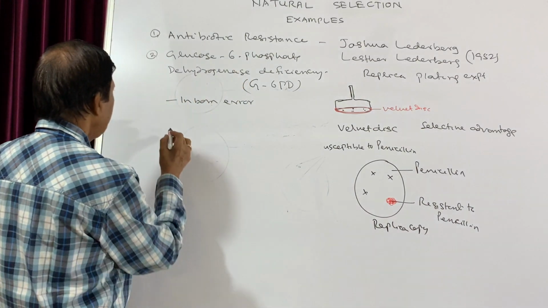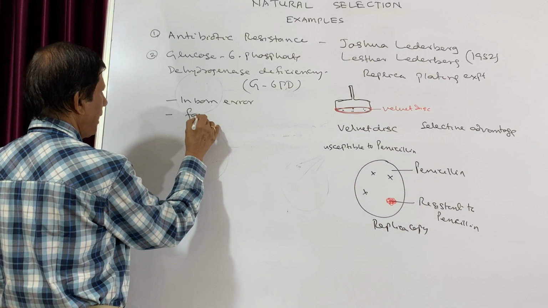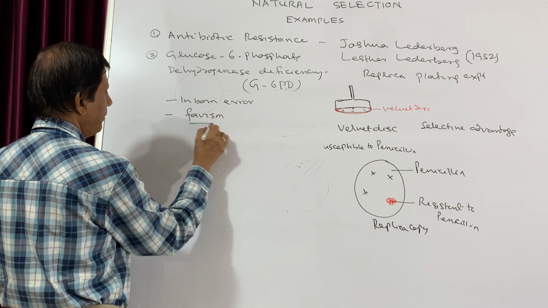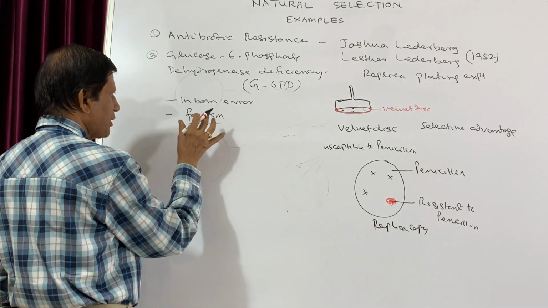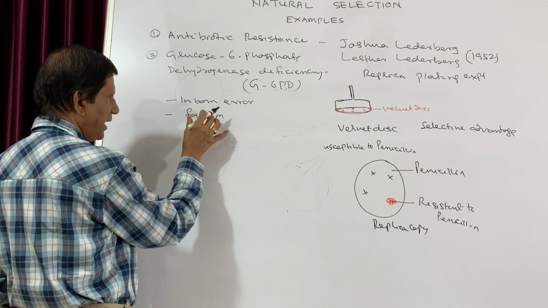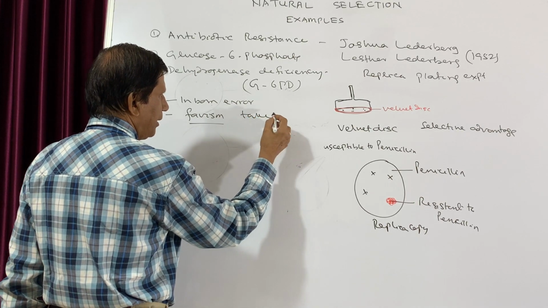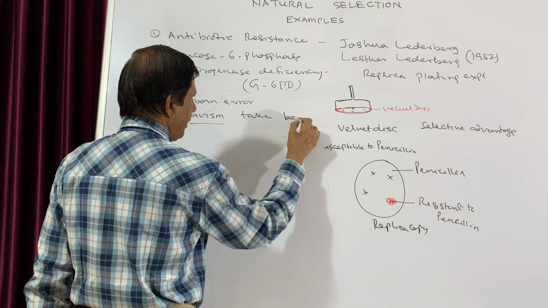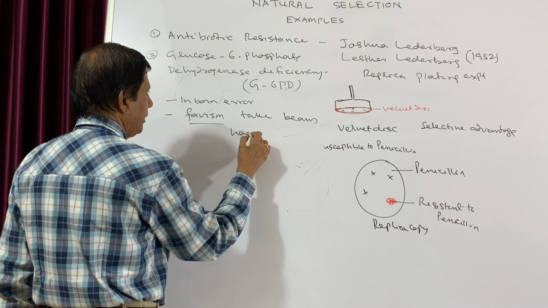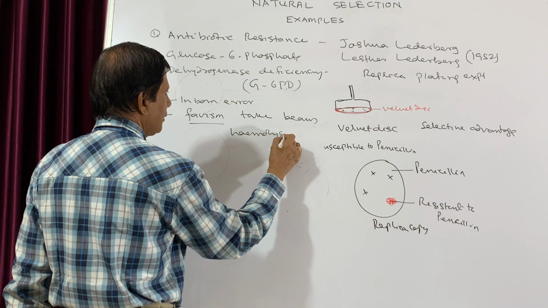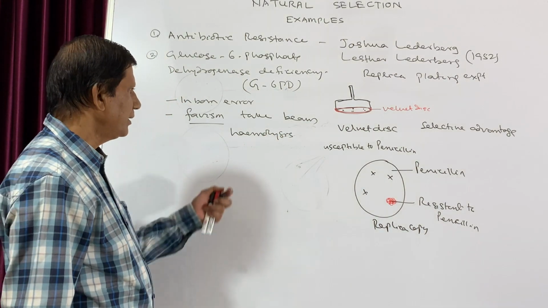And this disease is also known as favism, because when the people suffering from this particular error take beans, there is haemolysis, and the persons will die.